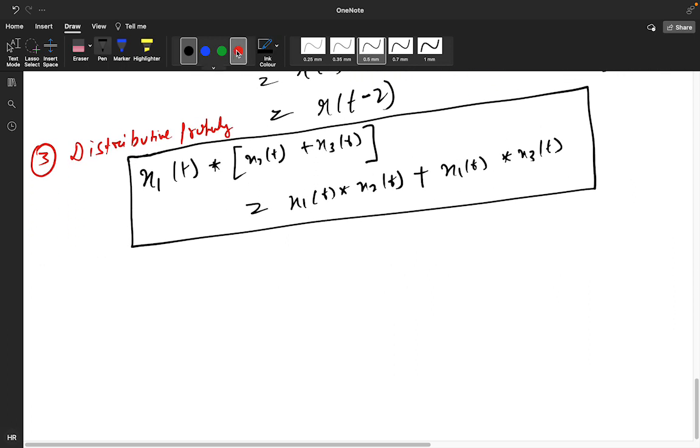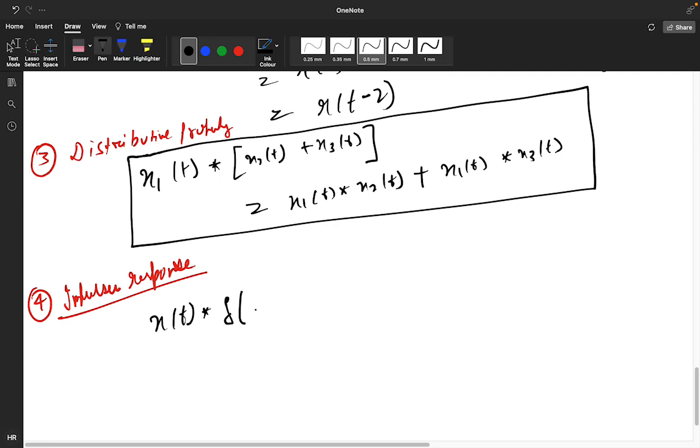Now the fourth one is the impulse response. What is impulse response? This theory we have used. If x of t is convoluted with an impulse function delta of t minus t1, the result will be x of t minus t1.